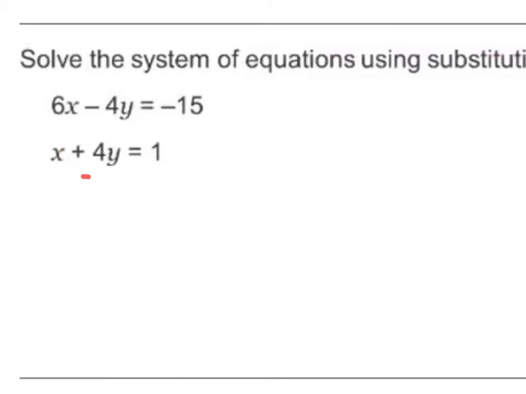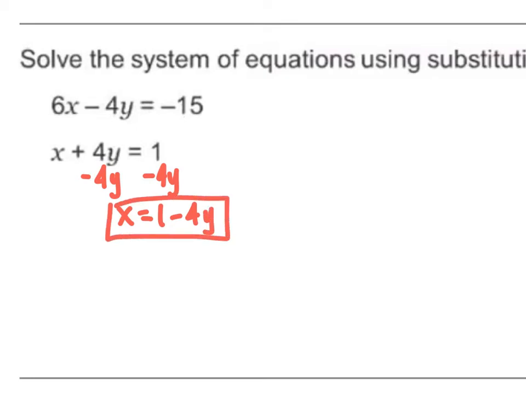All I need to do is subtract 4y from both sides, and I just get that x is equal to 1 minus 4y. Now that I've isolated that variable, I can take 1 minus 4y and substitute that in for x in my other equation.